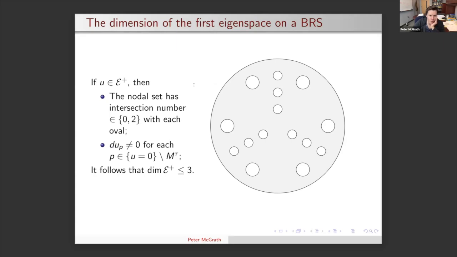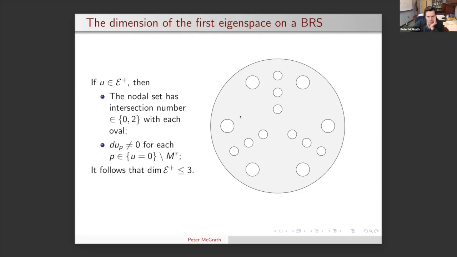It's not hard to see that the nodal set meets each of these fixed point circles either zero or twice, up to multiplicity. And furthermore, if you fix a point P that's not on these fixed point circles, it's not hard to see that the differential there can't vanish if you have a point in the nodal set also.